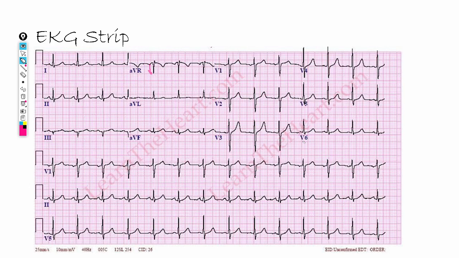V6 sees the left side of the heart. Hence, it notices the positive deflection as electrical activity moves toward it. And lead V3, which is a precordial lead placed across the heart, sees electrical activity in the middle. That's why it sees some complexes going up, some complexes going down. And that pretty much covers leads.